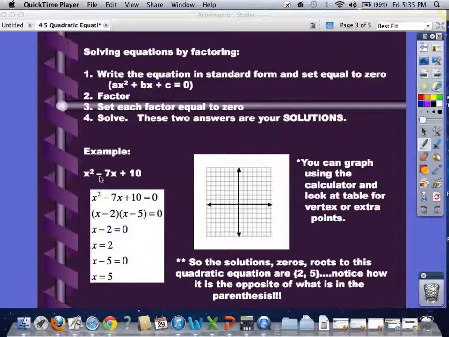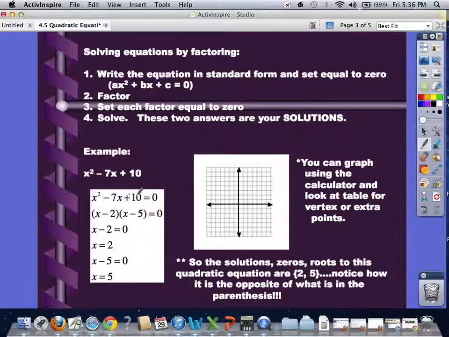x squared minus 7x plus 10. When we set this equal to 0, okay, we'll factor this. And remember, if there's a positive in the back, that means they're going to have the same sign. Then you look at the sign of the linear term, and that tells us that both are going to be negative.